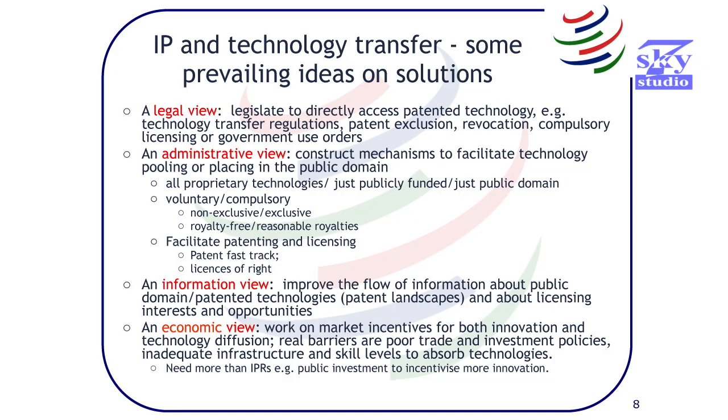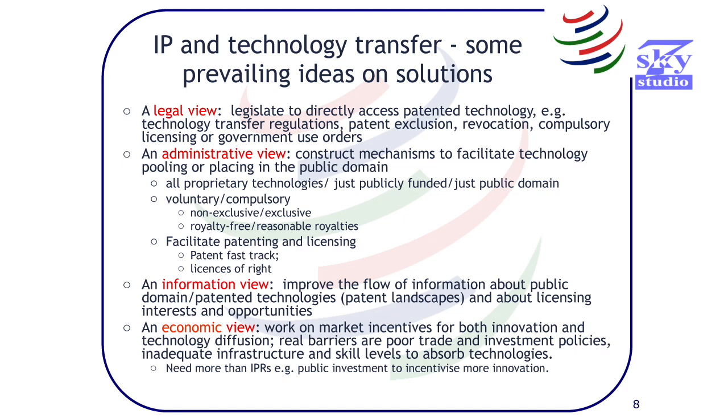So you can basically create databases in order to increase the information that's in the public domain for patented technologies or other technologies that are actually available, and to encourage their use. And you can basically create economic incentives to incentivize technology transfer and innovation.